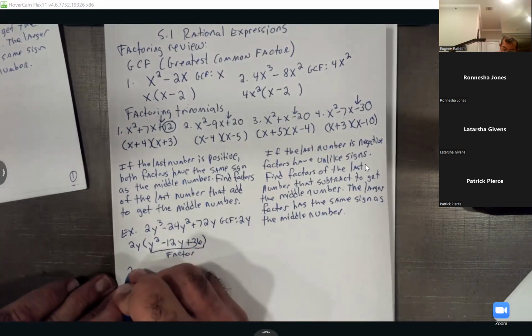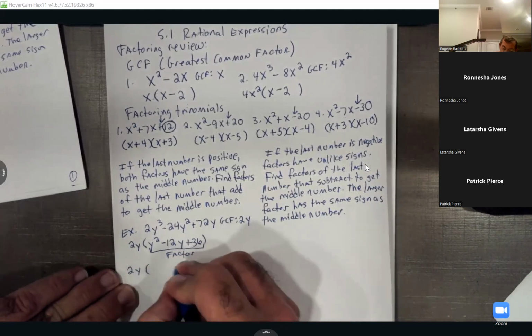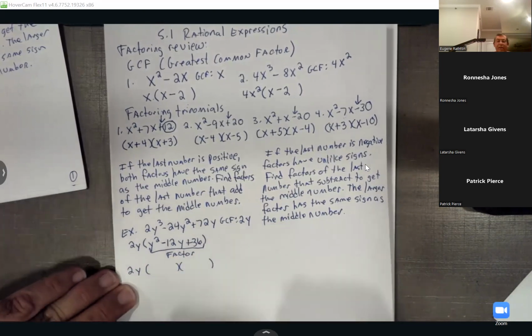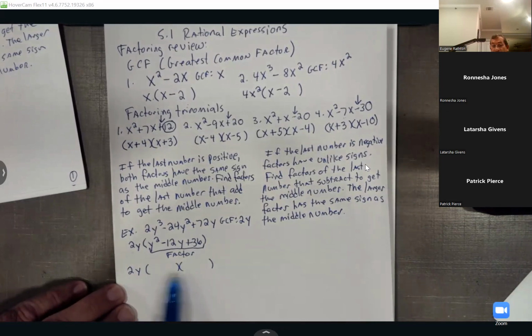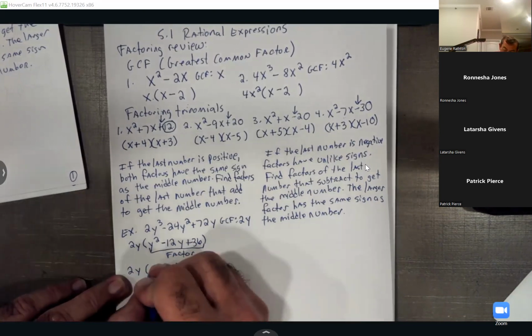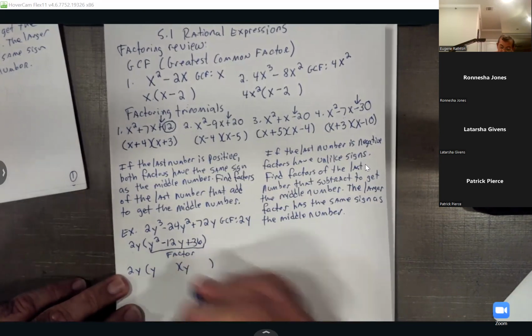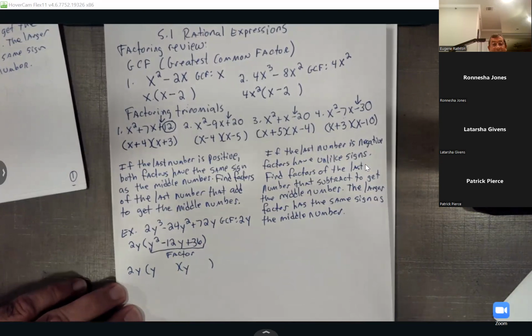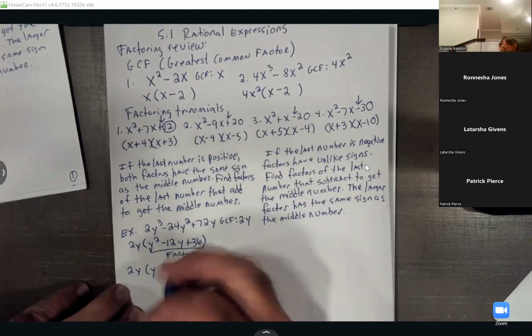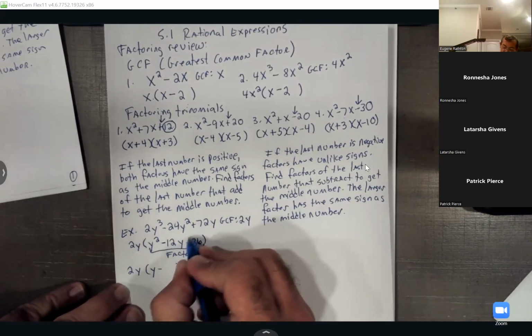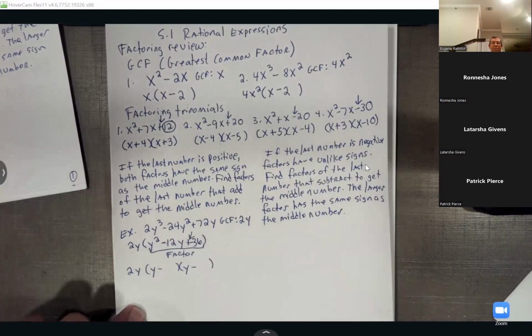So bring down the 2y and make this into 2 sets of parentheses. We know what's going in the front of both of these, right? Y. So can y'all tell me what signs I would put on both of these? Negative. They both be negative. Last one's positive. They both the same as the middle.